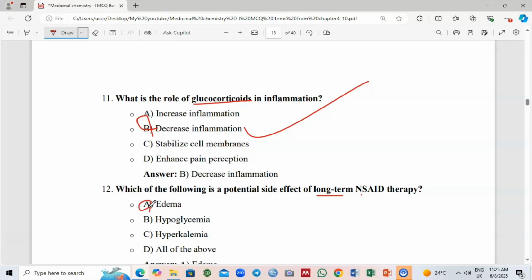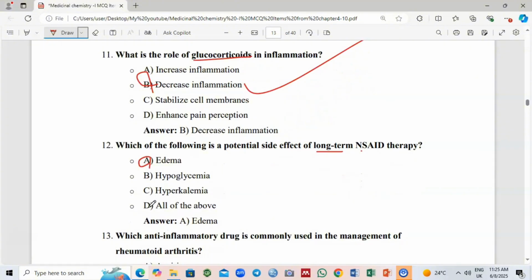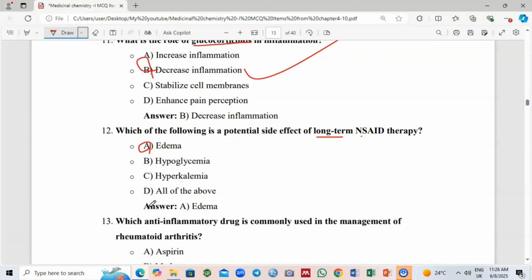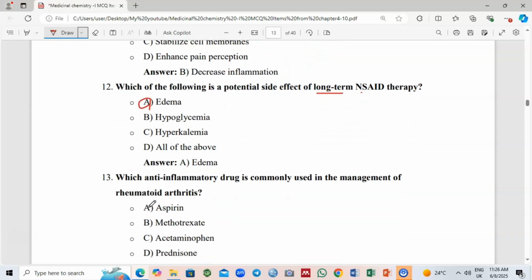Therefore, this is mainly associated with long-term exposure to non-steroidal anti-inflammatory drugs. Many times edema can be associated with swelling, pitting edema, and discomfort. Especially the swollen area may be painful or uncomfortable. Therefore, it is highly associated with long-term therapy.